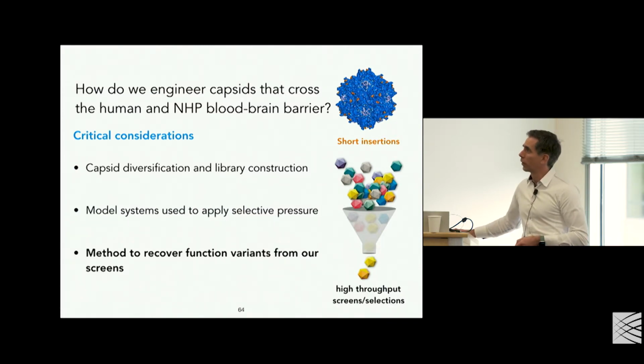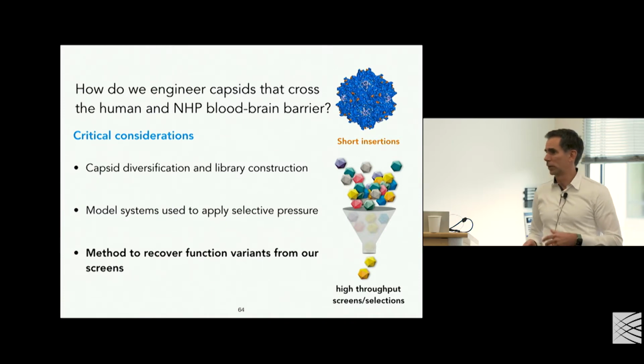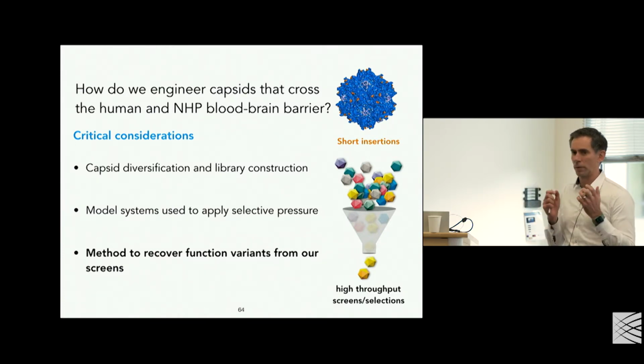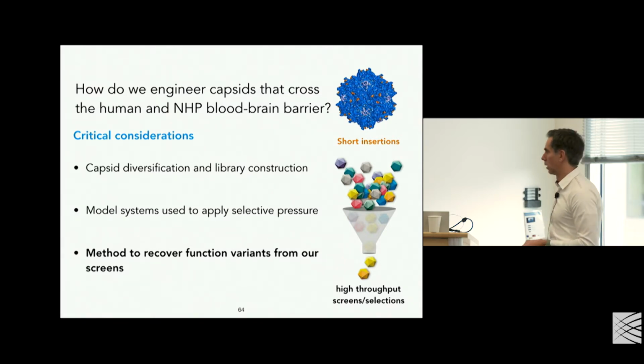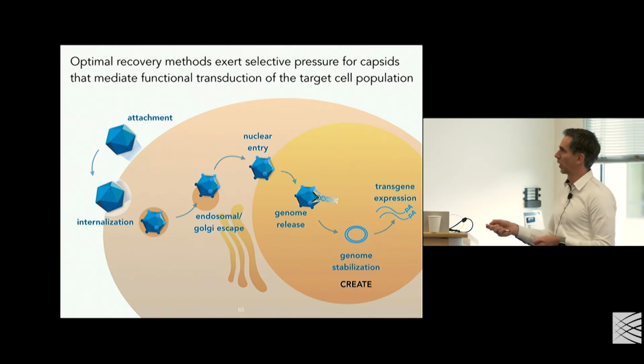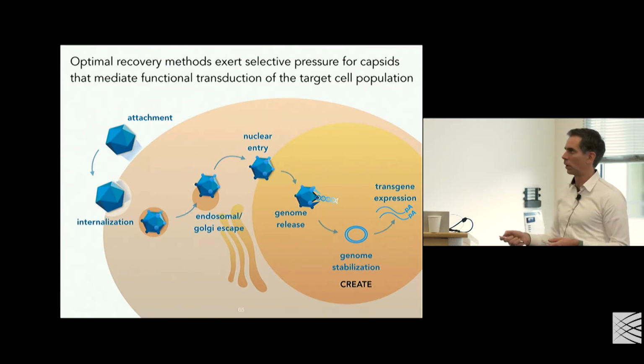And finally, one other key component to actually doing these selections is figuring out the best way to read out what are the best viruses. And so what we had done before, as I mentioned, is we used a Cre-based method to not just look for any virus that might get into or make contact with our cell type of interest, but we wanted to select for the viruses that are actually functionally transducing the cells.